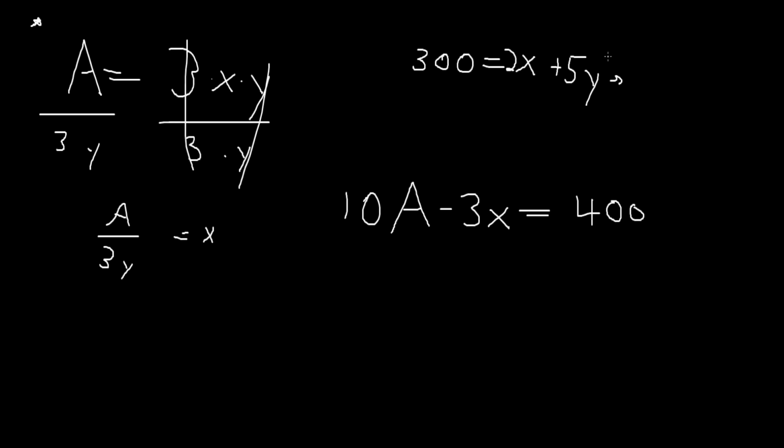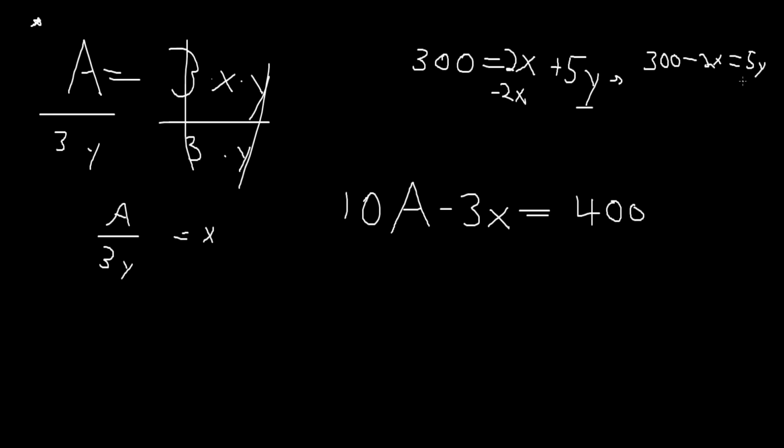Actually, I know I said we were going to solve for all the x's, but how about we just solve for y here? Because if we get y by itself, y is going to be written in terms of x's. And then we could plug something in over here and figure out what a is in terms of x's. So let's just solve for y now. We're going to subtract 2x from both sides. So we got 300 minus 2x, and that's equal to 5 times y.